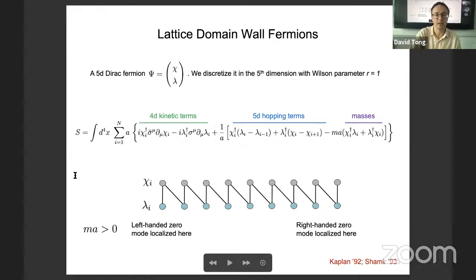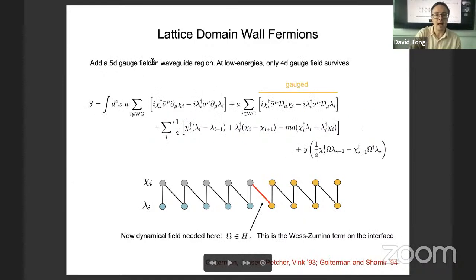All right. Now, what's the problem on the lattice in trying to introduce some waveguide region? You want to introduce gauge fields which live only on one side of this slab. So the orange dots here, or I guess the yellowy orange dots, are where the gauge fields live. And there's no problem at all with gauging them until you come to the interface between the waveguide region and everything else.